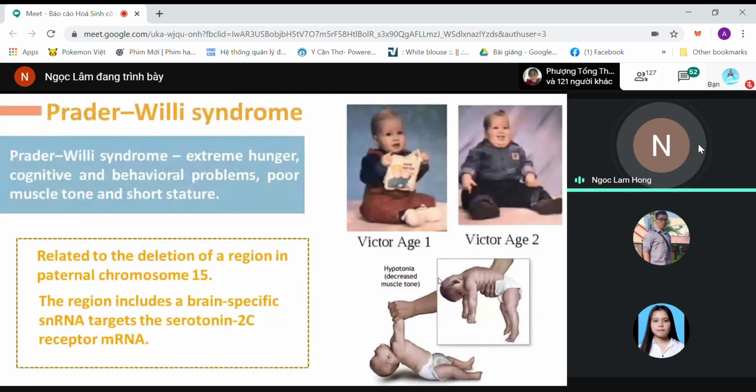The last one is Prader-Willi syndrome. Prader-Willi syndrome will make the patient feel extreme hunger, confusion, and behavioral problems.